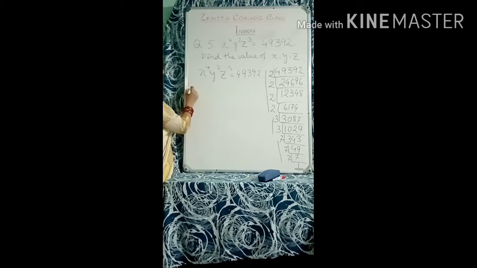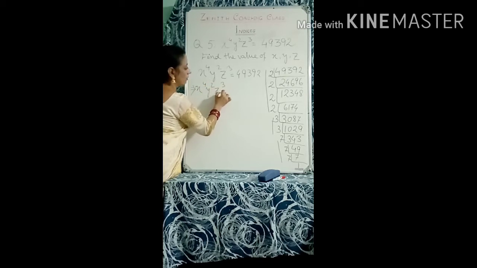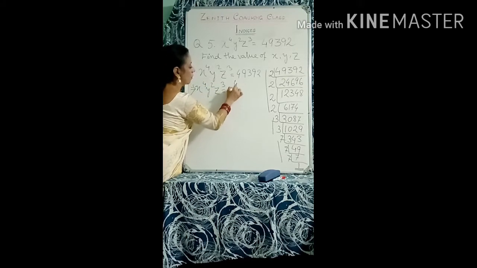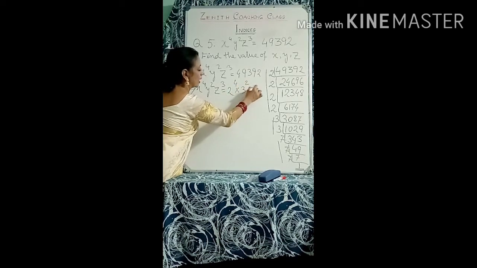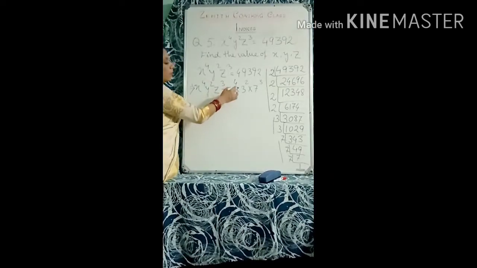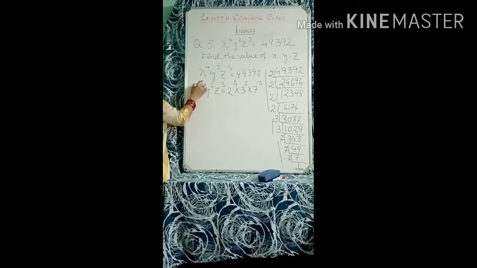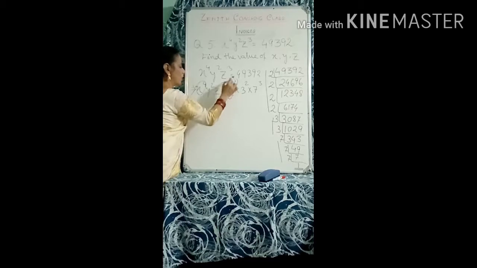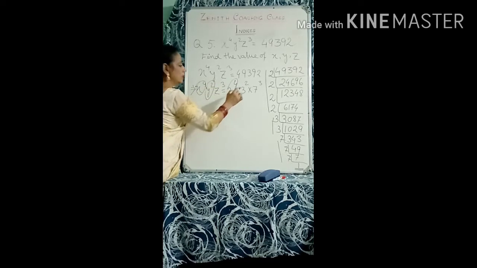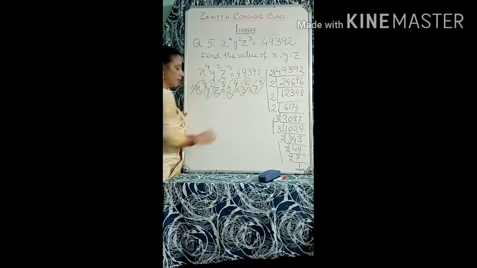So what can you write? x to the power 4 y square z cube equals 2 to the power 4 multiplied by 3 to the power 2 multiplied by 7 to the power 3. That is 49392, that is 2 to the power 4 times 3 square times 7 cube. So here x to the power 4 is 2 to the power 4, y square is 3 square, z cube is 7 cube.